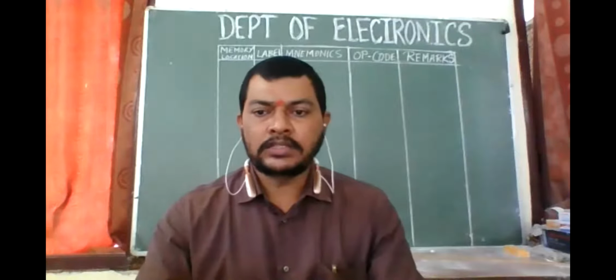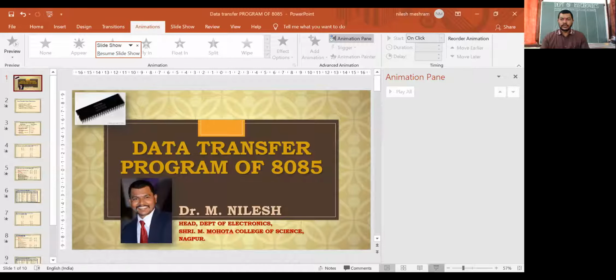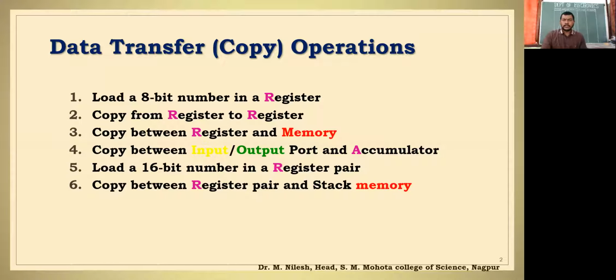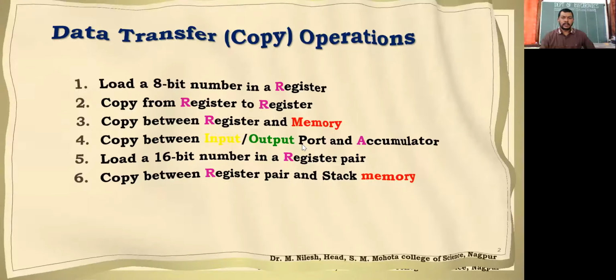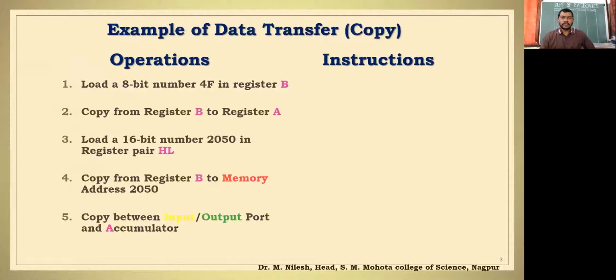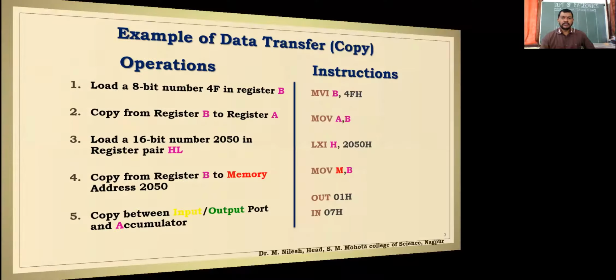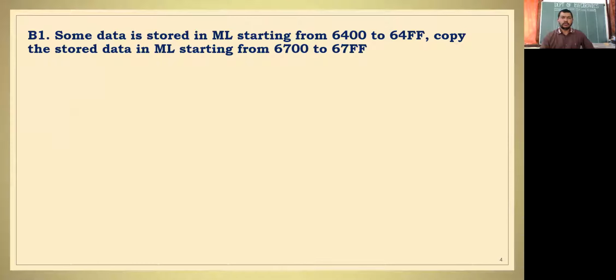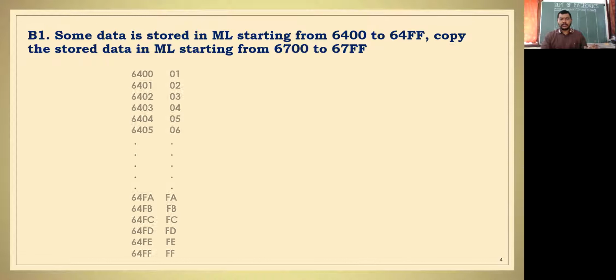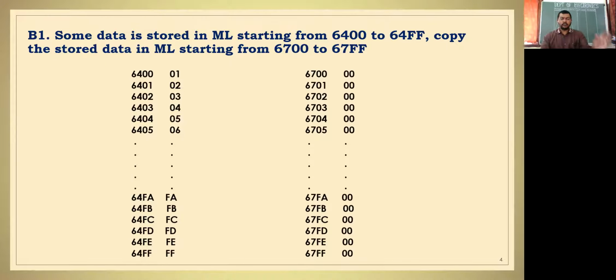We have given some examples of the instructions, and we have used those instructions. The first was to copy the data from one memory bank to another bank. So these were two banks, and in one bank we had the data, and we have to copy that to the other bank, right?